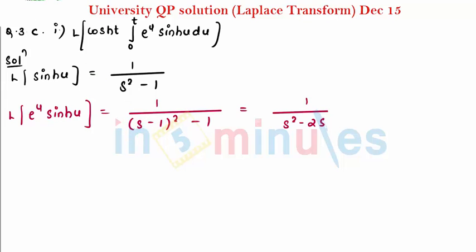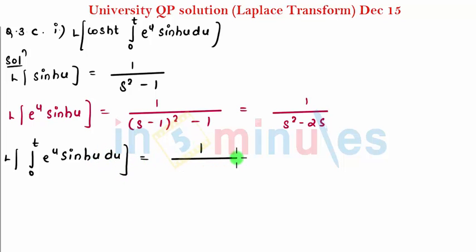So further, the next step is Laplace of the integral from 0 to t of e raised to u sin hyperbolic u du. So 0 to t means that you need to divide by s, so I say s into s square minus 2s. So that's 1 divided by s.